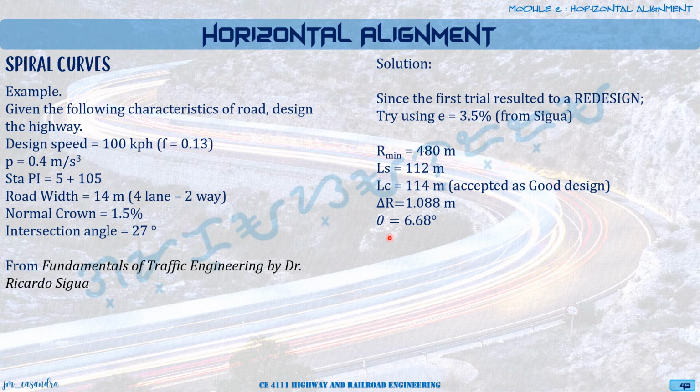Okay, so let's continue. If we now have a good design, which is LC equal to LS, then we move on to the last step, step 5, in which we are to solve for the stations of our tangent to spiral, spiral to curve, curve to spiral, and spiral to tangent.